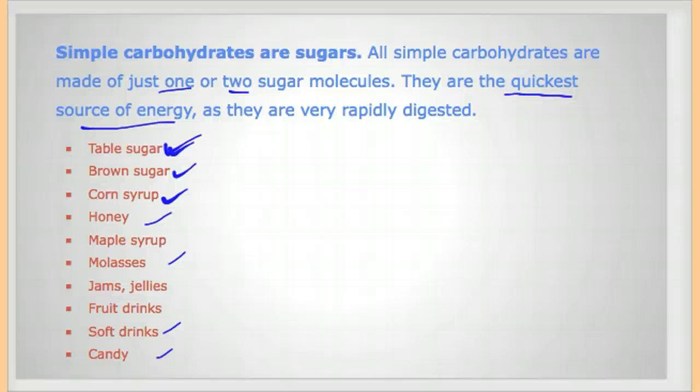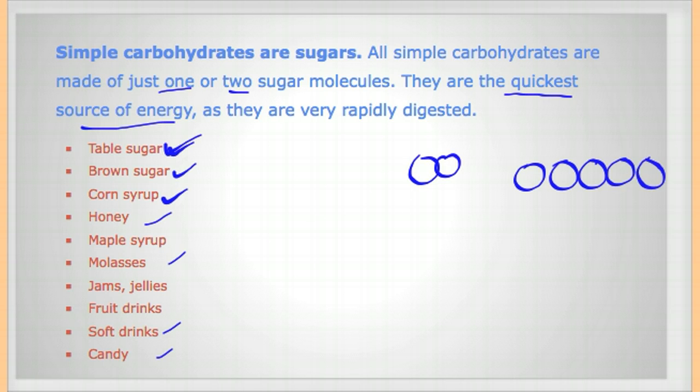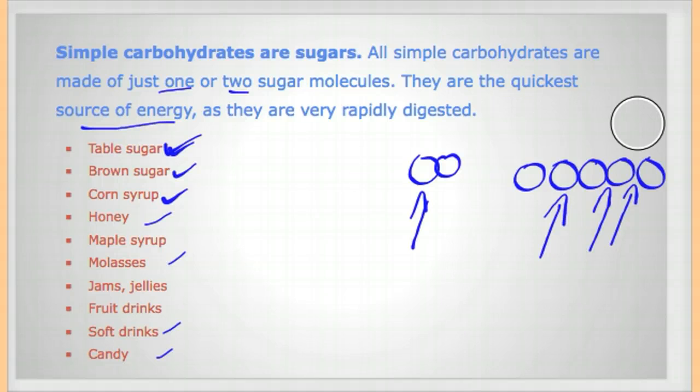If something is simple like that and something is complex like that, what do you think would be easier to break so you can release the energy? This diagram here, it's easy to break apart these two molecules, whereas these here, you have to break so many molecules before you can release the energy. So just logically, simple sugar releases the quickest source of energy.